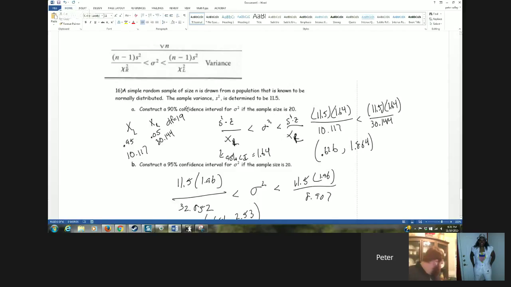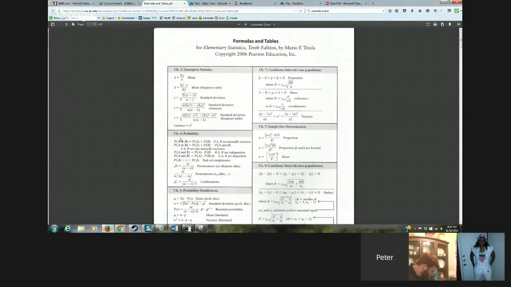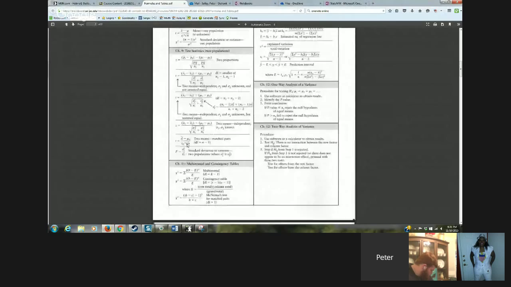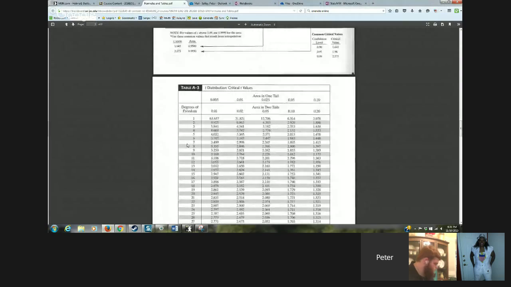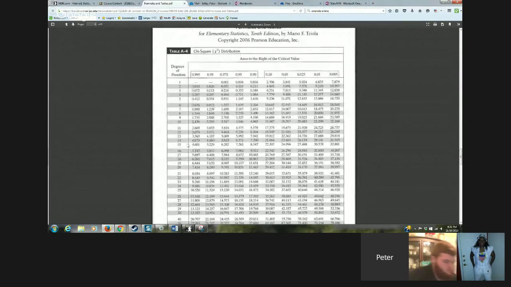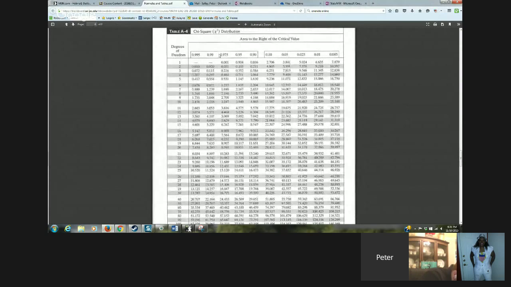So that's 90% confidence, 19 degrees of freedom. Let me go to the chi-square page, that's table 4. If it's 90% confidence, I'm looking at the middle 90%. That means 10% is in the two tails, so each tail has 5%.